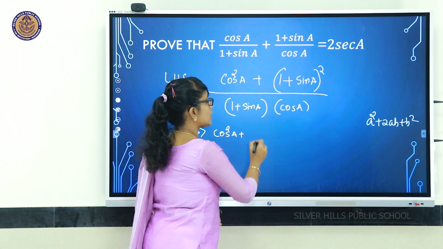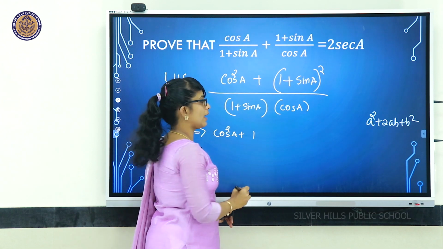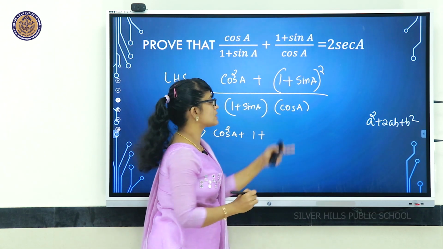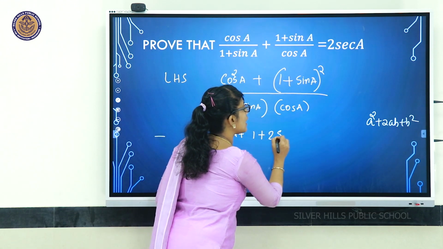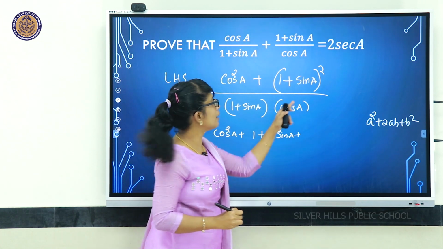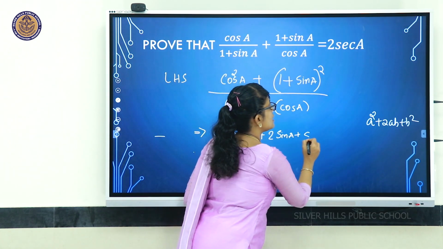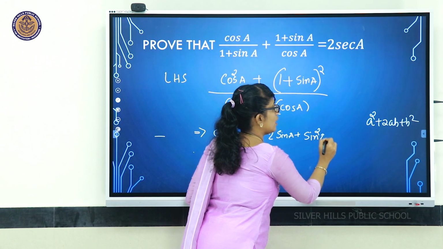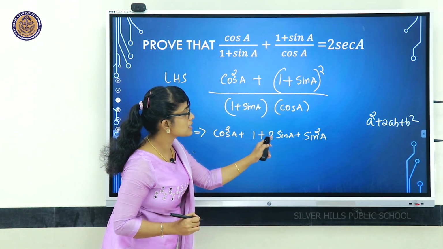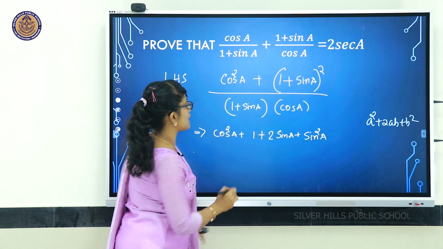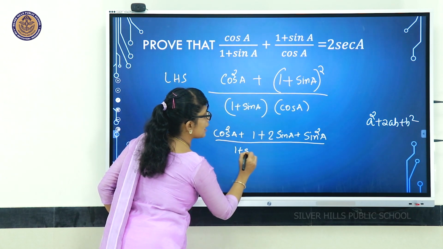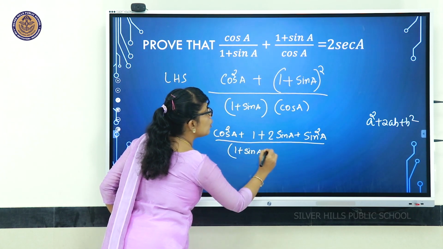Here A equal to 1, 1 square plus 2AB, 2 into 1 into sin A, 2 sin A, plus B square. Here B equal to sin A, sin square A. Cos square A plus 1 plus 2 sin A plus sin square A by 1 plus sin A into cos A.